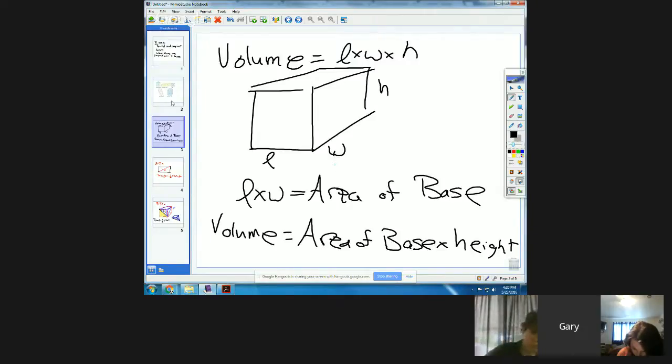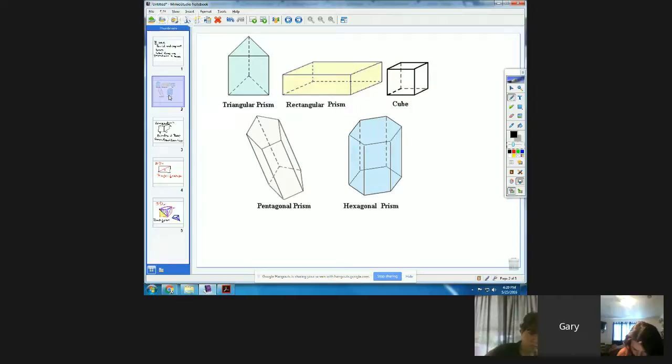So if we look back at these other possible types of prisms, which are also listed on page 867 in the book, if I take, for example, a hexagonal prism, which is figure 1450C in the book, or this blue one on my screen here, if I find the area of that hexagonal base and I multiply by the height, bam, I've got the volume of this thing.